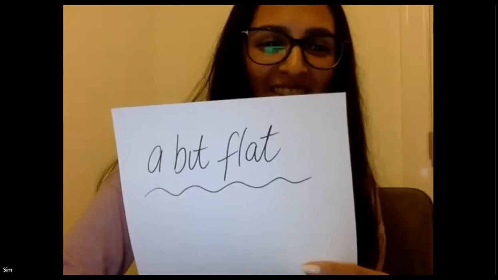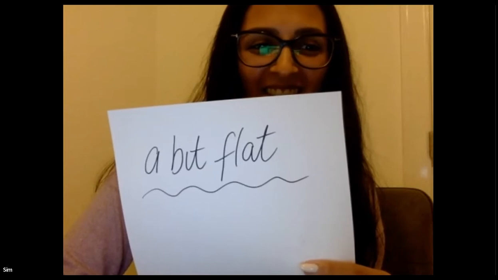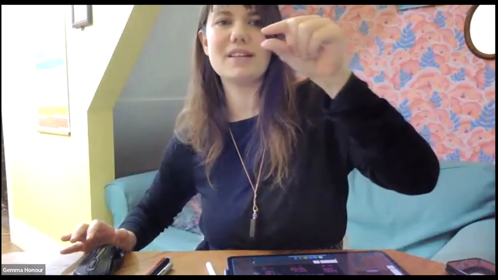Yeah, with the wavy line, like I'm just floating above the water. I love it. A bit flat. Oh, wow. The letters on Shaz's actually get progressively smaller. I love that. And that's the first time I think I've seen that. So fantastic. Brilliant work.